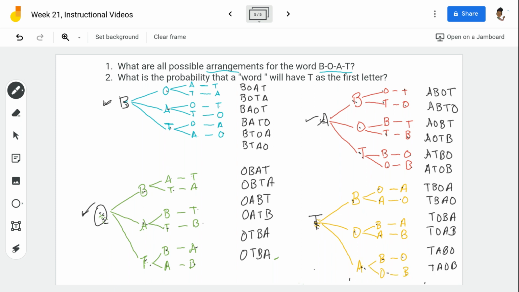And there you go, guys. Those are all the possible arrangements.